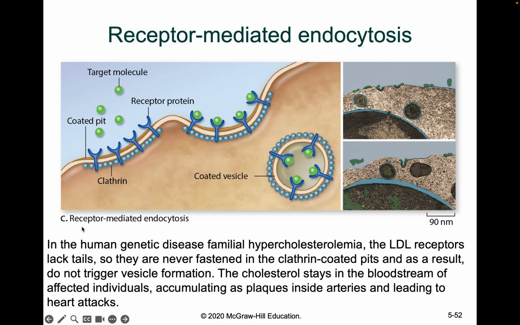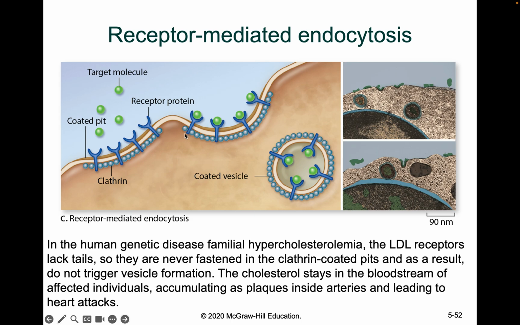What this means is you have receptors, shown here, with a tail that passes through the cell membrane. In the tail, it associates with pits made up from clathrin. Clathrin are these little proteins right here, and they have a very important function. Your target molecule binds to your receptor.